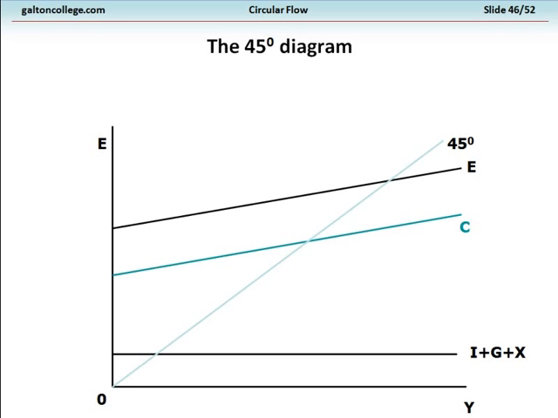And we've made these autonomous. We'll just assume they're constant. Just make it simple. Keep it easy. We have our 45-degree line, and we have E is equal to C plus J plus I, G and X here. So it's a very simple, very clean sort of diagram, the one we just made up.